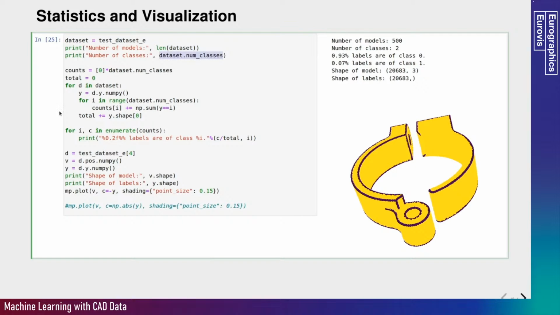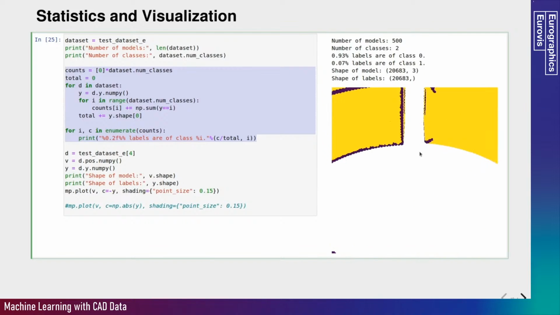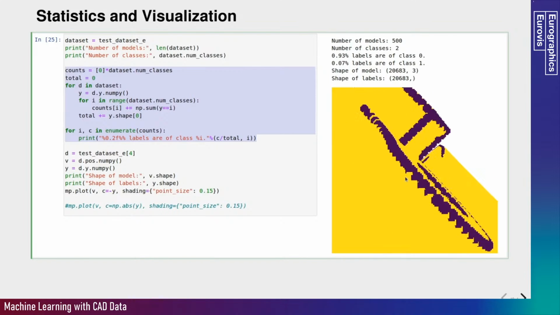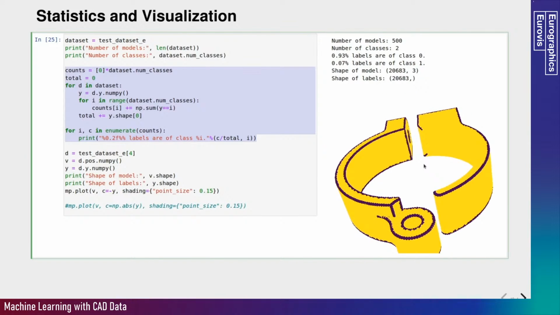What we calculate next here are the percentages of each of the classes in our data. So here we can see that 93% of our points in our point clouds of these 500 models are actually labeled as non-sharp. So this is all the yellow points of the point cloud. If we zoom in here, it's actually a point cloud, and these points are plotted on top of each other.